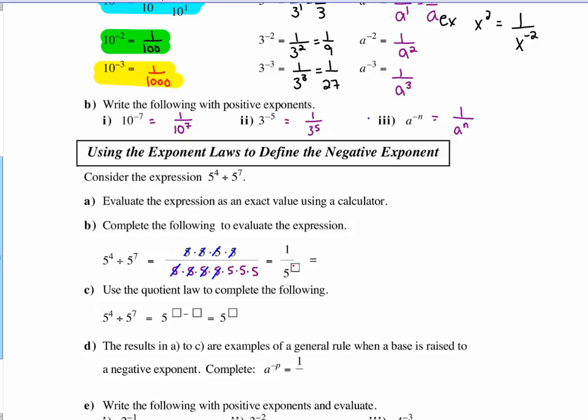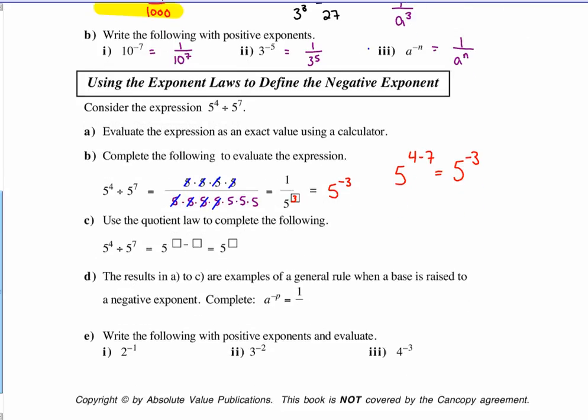So 1 over 5 cubed, or it's the same thing as 5 to the power of negative 3, which makes sense. 4 minus 7, when we subtract those exponents, what's 4 minus 7? Negative 3. Look at that. 4 minus 7 is negative 3.